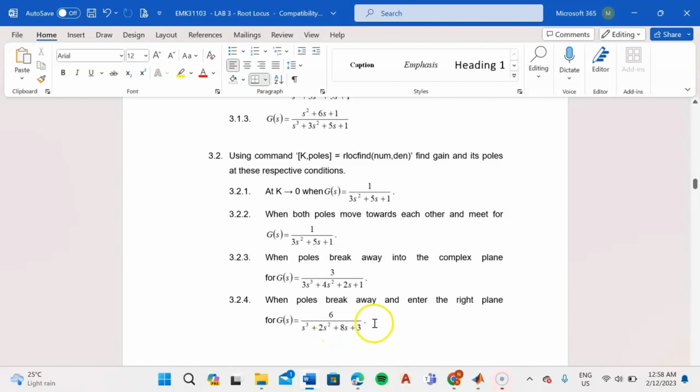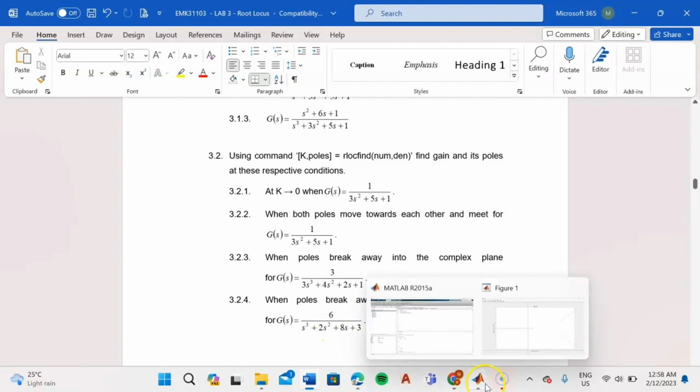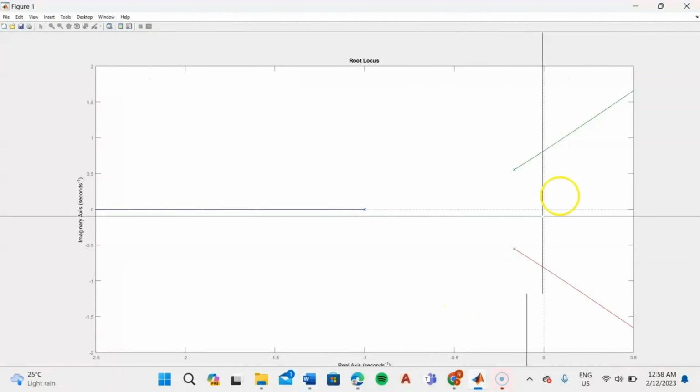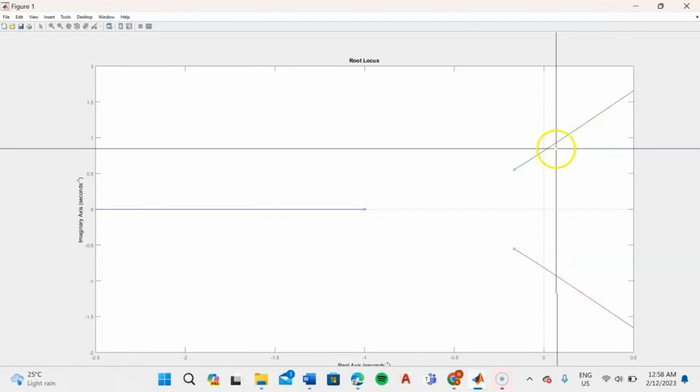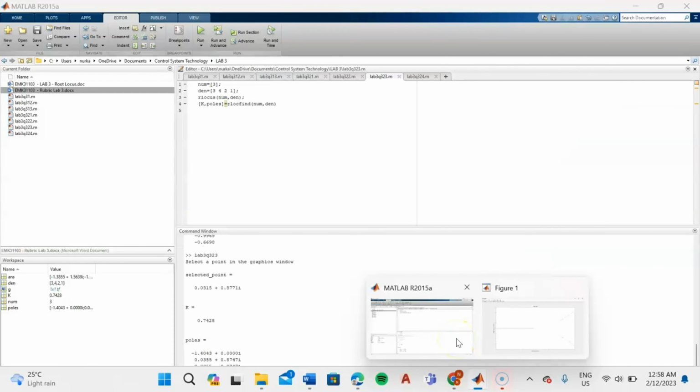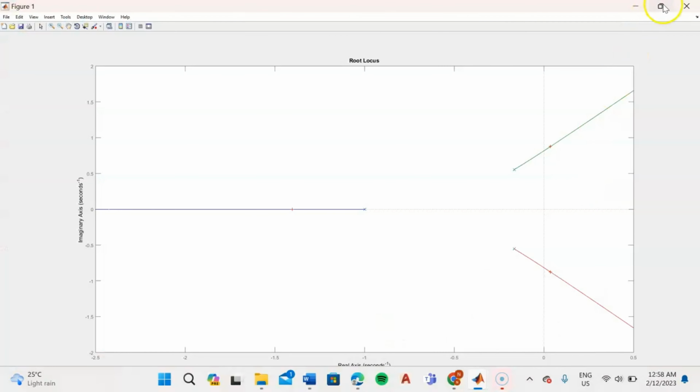My poles break away into the complex plane. Okay. This is the results for questions 3.2.3.